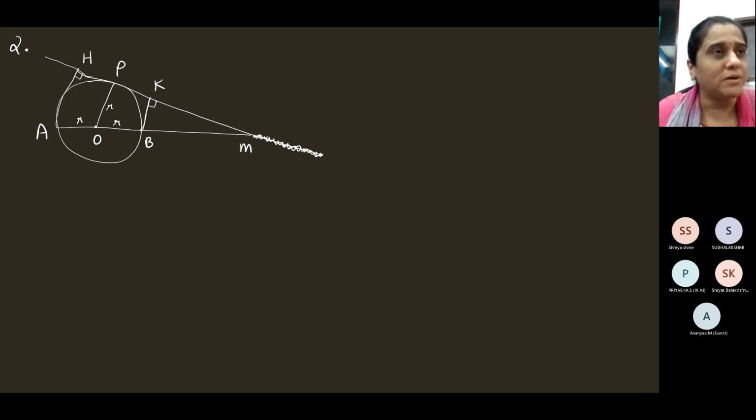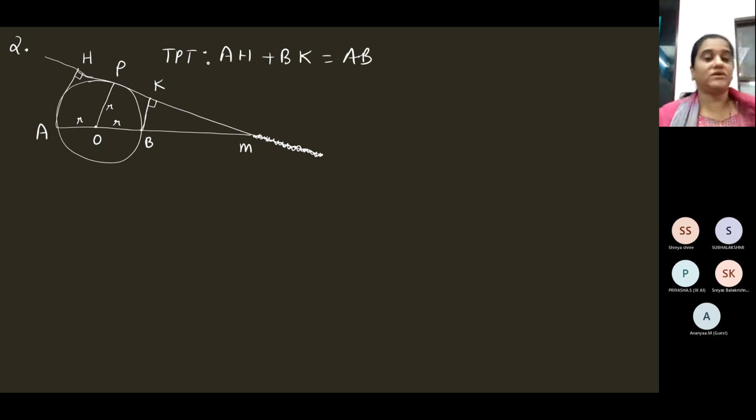AH is perpendicular to HM because it's marked 90 there. And also BK is perpendicular to HM. With all this, we need to prove that AH plus BK is equal to AB.